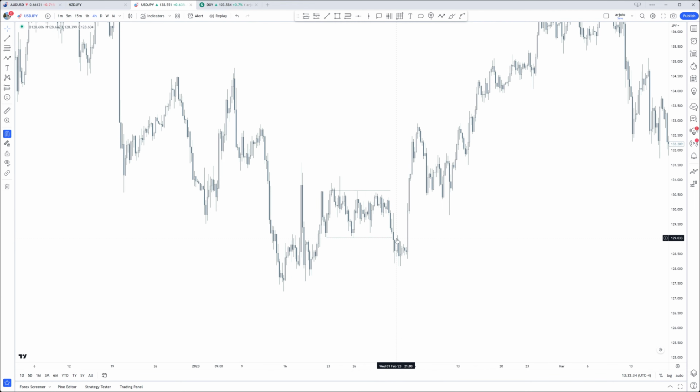This support is now resistance right here. So what is below this line? There are sell stops. Those sell stops, we or central banks and institutions can buy right here. They are getting bought. Where is now the opposite liquidity? The opposite liquidity is above these highs.